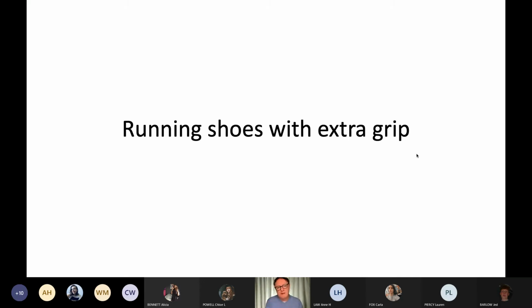So we don't necessarily need a metaphor for the running shoe, but we do need something that represents extra grip. Apart from the obvious, which would be the grip on the shoe, which would be below us, because that would be literal rather than the use of metaphor. So you just bring items together.